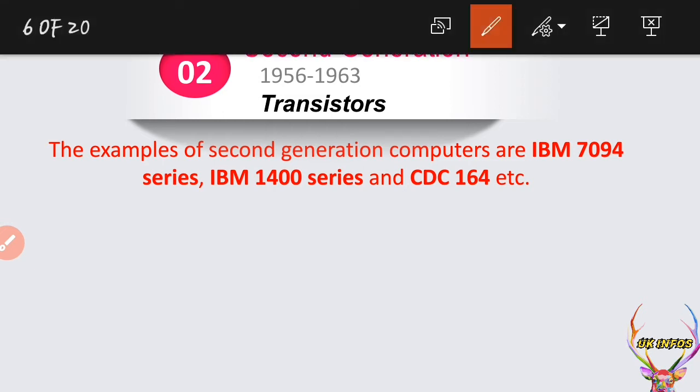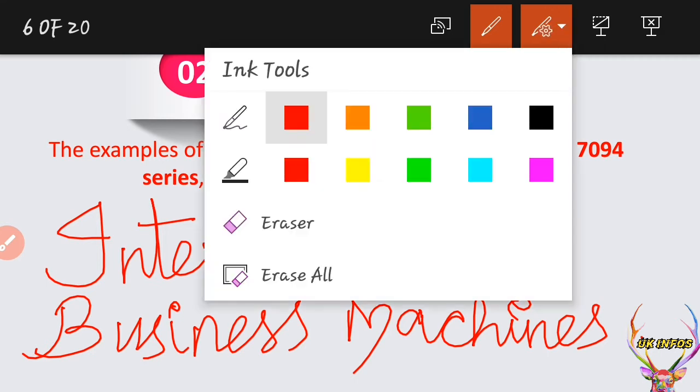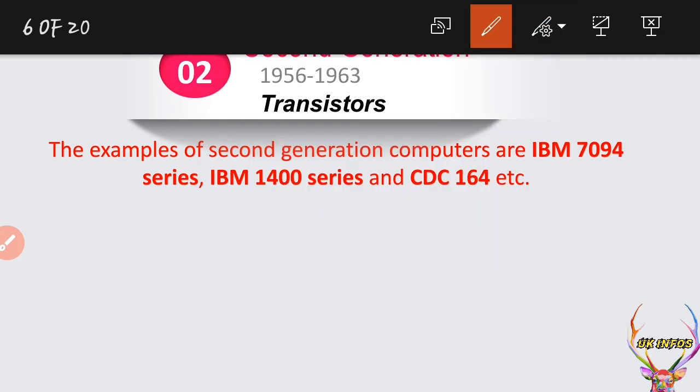IBM is a company name. IBM stands for International Business Machines. IBM is a very important company, and we are still using IBM computers. IBM started in the second generation. Next, CDC.